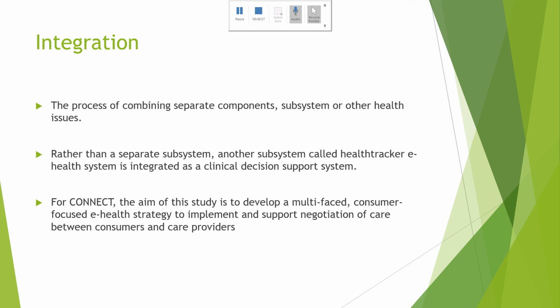And also, Connect can act as a resource for the future, as a source to implement and support negotiation of care between the consumers and the care providers, which can help users who have chronic disease, cancer, or other diseases.